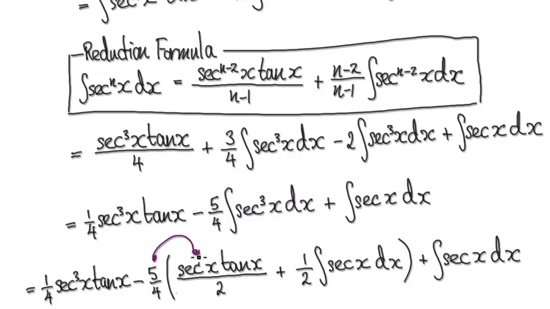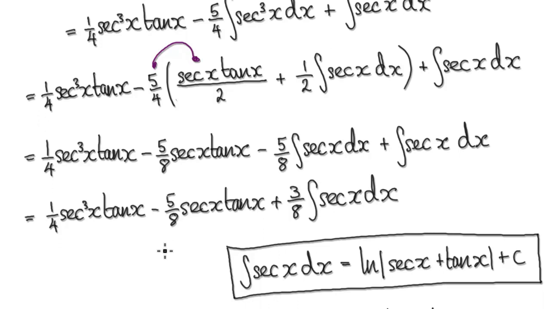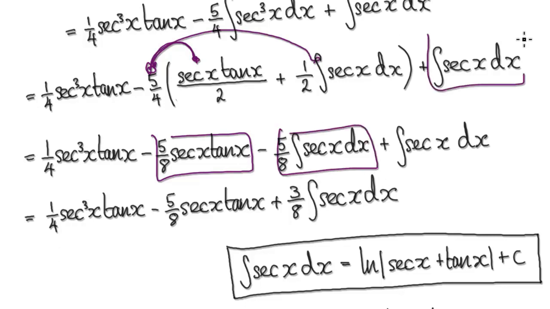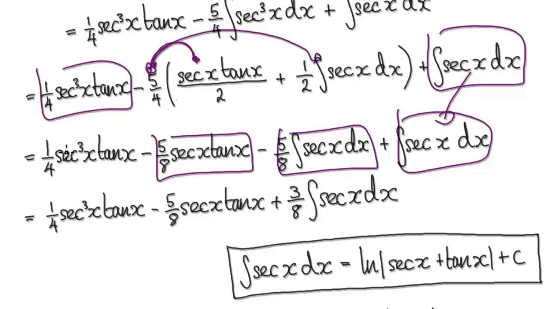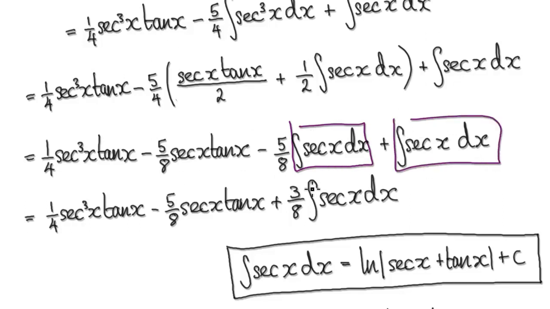This times this will then give us this, and then this times this will then give us this, and then this remains the same. And then you've got this block here remains the same. So now you can see exactly the same plus exactly the same. So that will then give you this thing here.